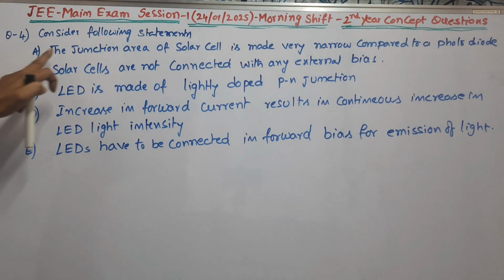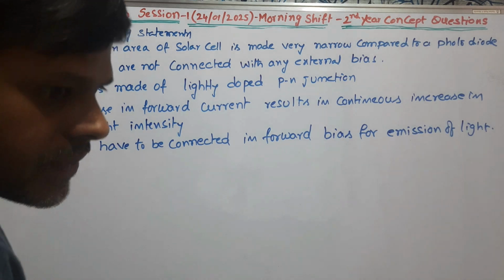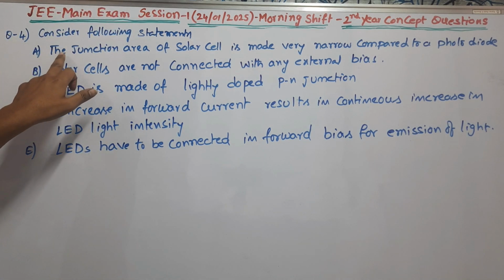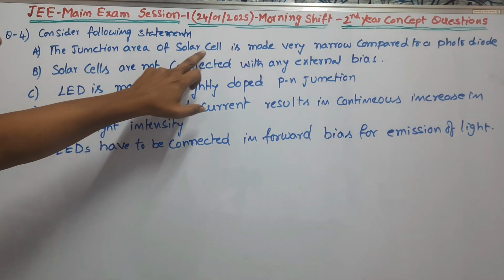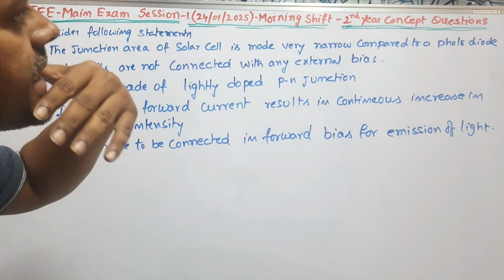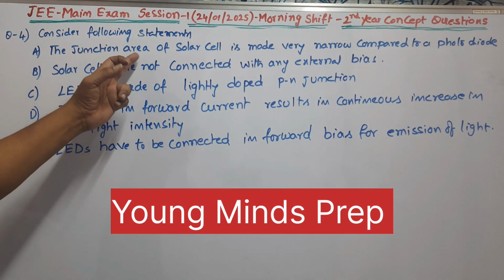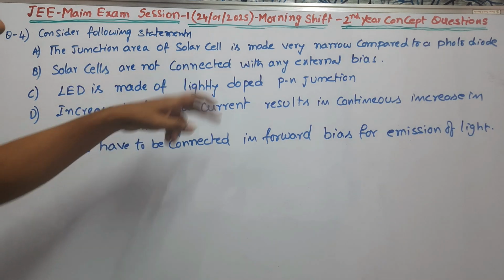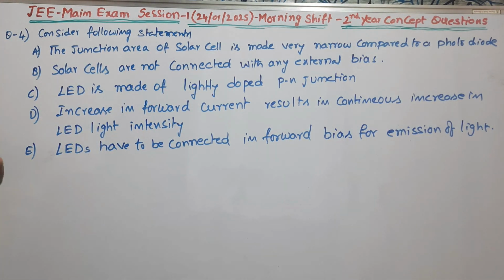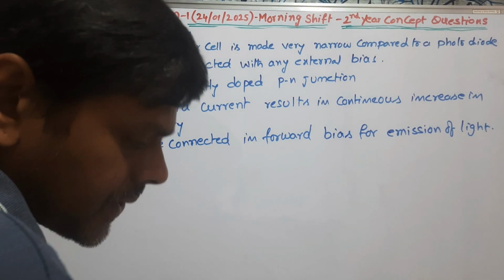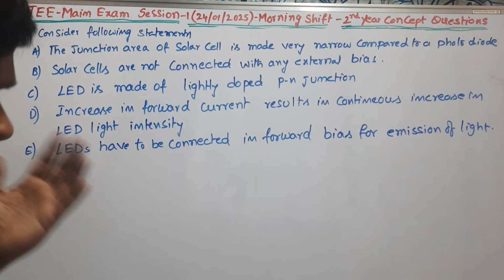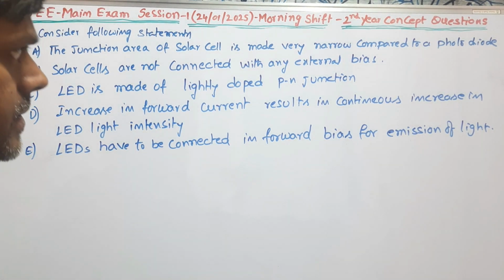The fourth question: consider the following statements. Actually this is a conceptual question. First option: the junction area of a solar cell is made very narrow compared to a photodiode. What is a solar cell? A solar cell converts light energy into electrical energy.